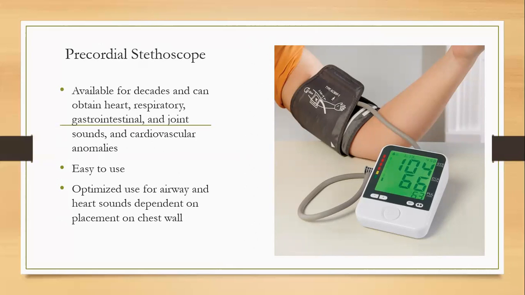So using that triangle as a landmark and oscillating between the precordial notch and the nipple is able to provide the practitioner with heart sounds as well as airway sounds. And again, this is an effective way of monitoring during sedation.